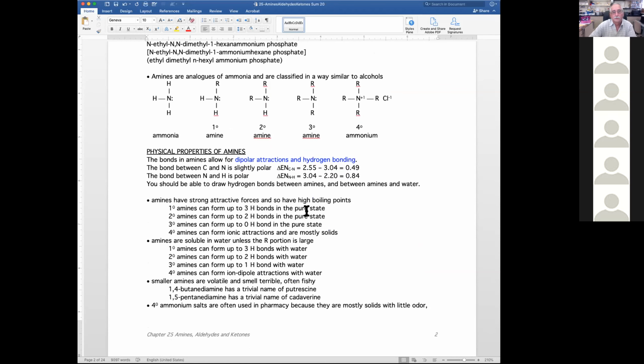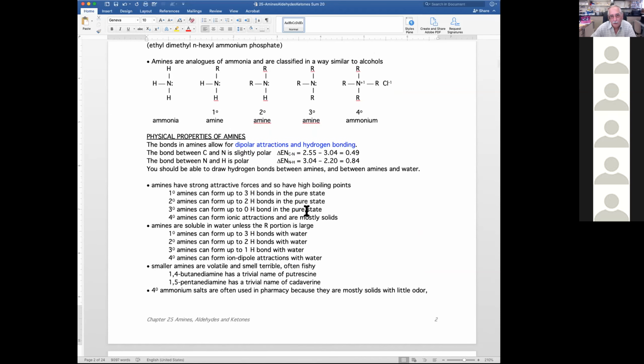So amines are analogs of ammonia. Here's ammonia. Here's a primary amine, a secondary amine, a tertiary amine, and a quaternary ammonium. Because just like with ammonia, there's 4 things bonded to the nitrogen, so it gets a formal charge of +1. Okay.